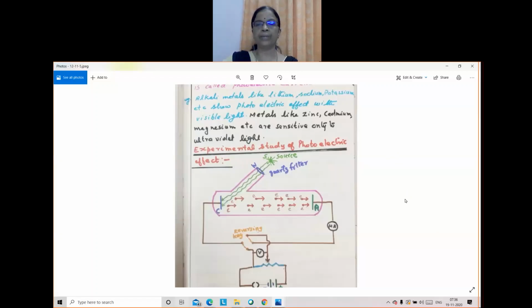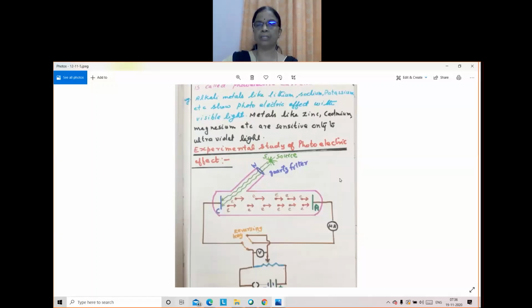ഒരെണ്ണം കൂടി ടൈം ലാഗ്. അതായത് വെൻ വൺ ഫോട്ടോൺ ഈസ് ഇൻസിഡന്റ്, വൺ ഇലക്ട്രോൺ ഈസ് ഇജക്റ്റഡ്. There is no time lag between the ejection of electron and incidence of a photon. Time lag is very, very small, 10⁻⁹ seconds only.